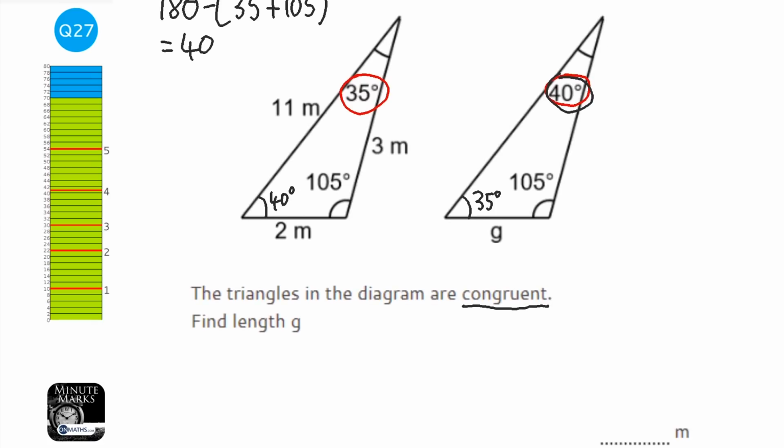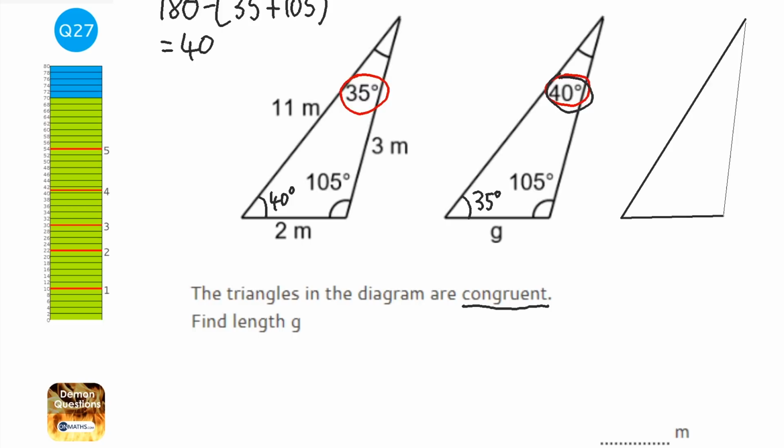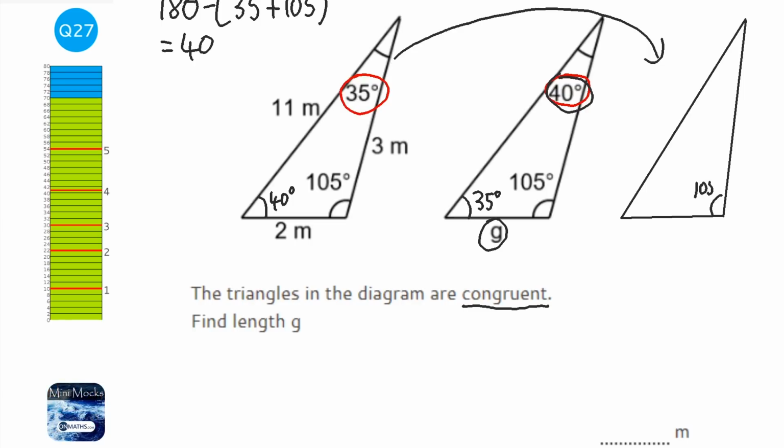And that's going to be important, because if I redraw this left-hand one, I'll just do it roughly. If I redraw it the same way as we're trying to find G, so this first one the same way up, well, this is still going to be 105 degrees. This one here is going to be 40, so I'm going to switch that around.